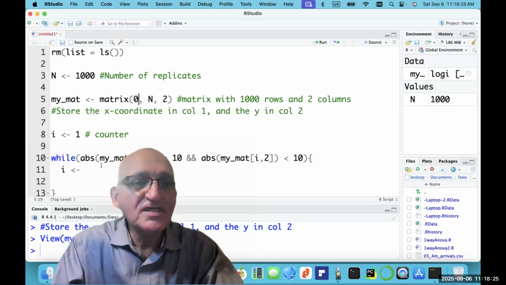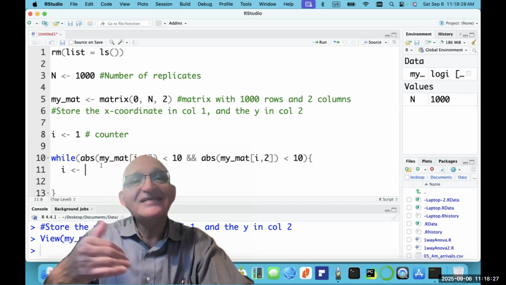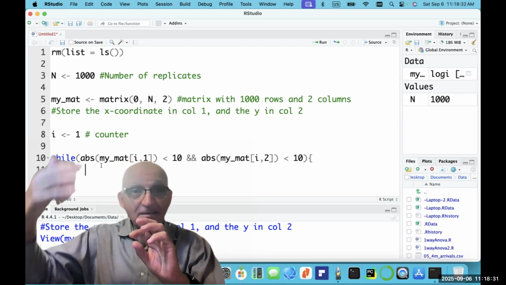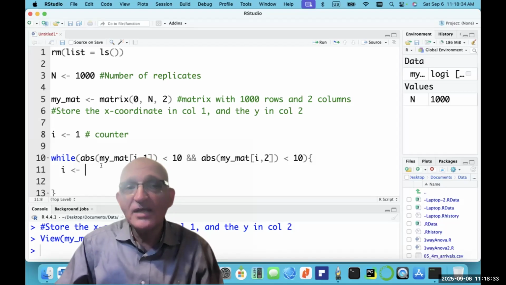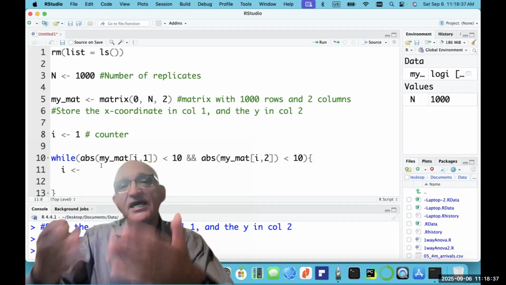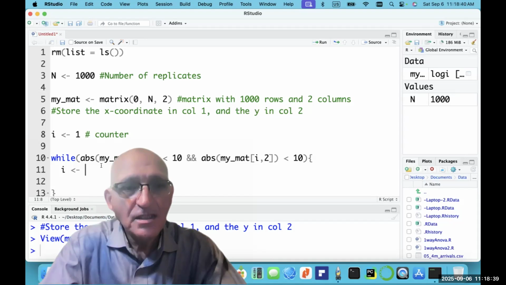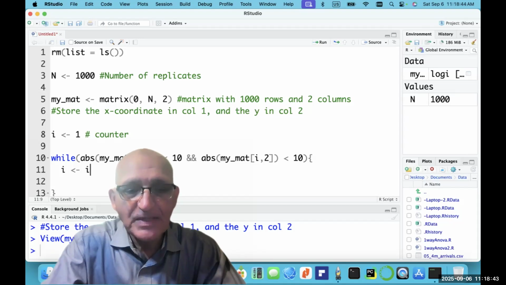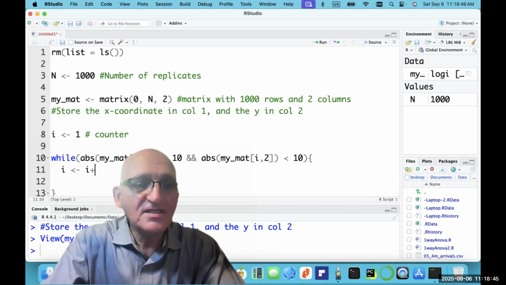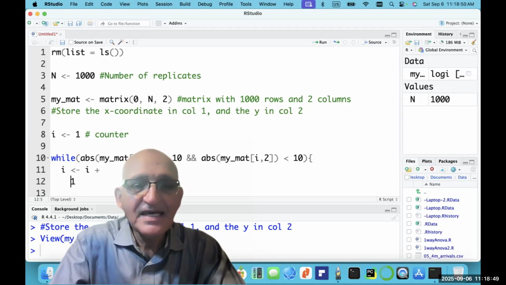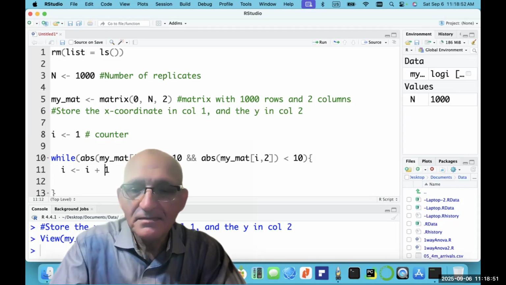So here I'm going to assume that I equals 1 is the origin, even though in my matrix, I equals 1 would be the first step. And that's why I said at the end of the day, I'm going to subtract 1 from the answer. Again, if you didn't get that, I will explain it again. So here I'm going to say I equals I plus 1. And then, oops, sorry.